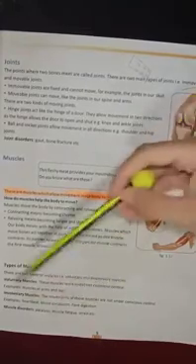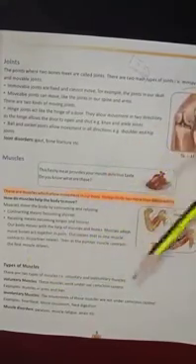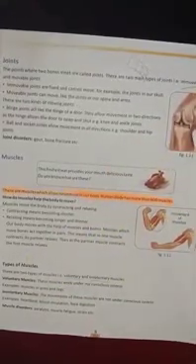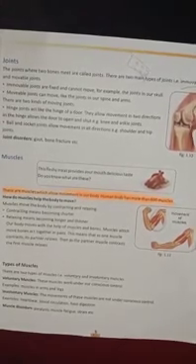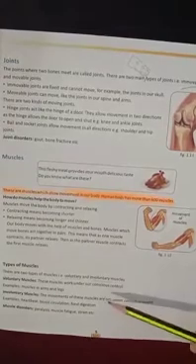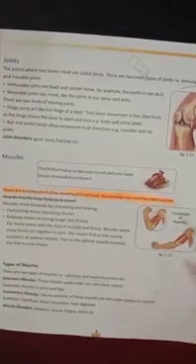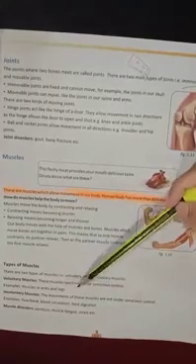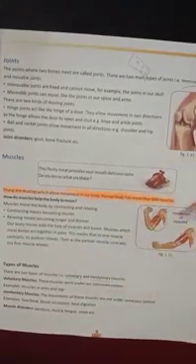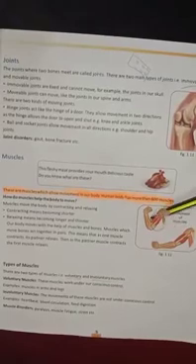What does this mean? Voluntary muscles are those muscles which we can move according to our will, according to our wish. We can move these muscles whenever we want, for example, the muscles present in our arms and legs. Now it's up to you. If you want to move your arm like this, you can.